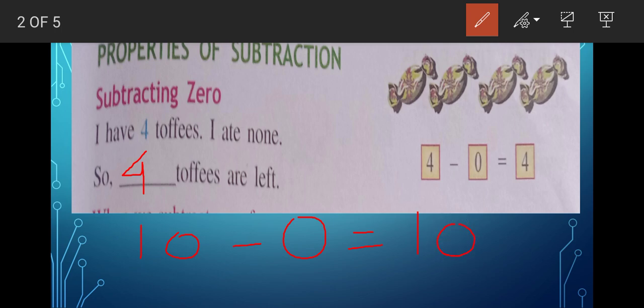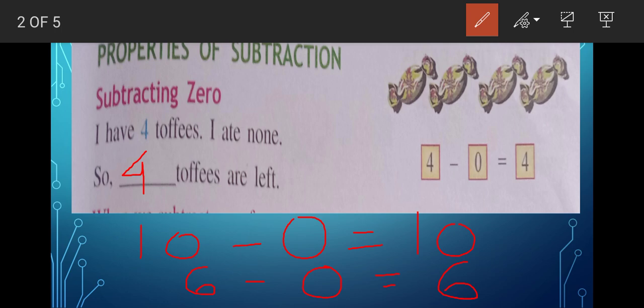Similarly, if you have 6 biscuits in your hand and you are not giving any biscuit to anyone, that means 0, isn't it? So how much will be left? All the 6 will be left with you. Or suppose you have 6 biscuits and you are not eating any biscuit, so all the 6 biscuits are remaining with you.